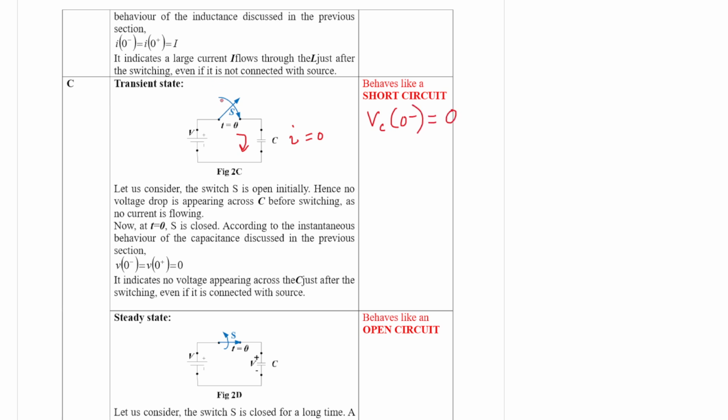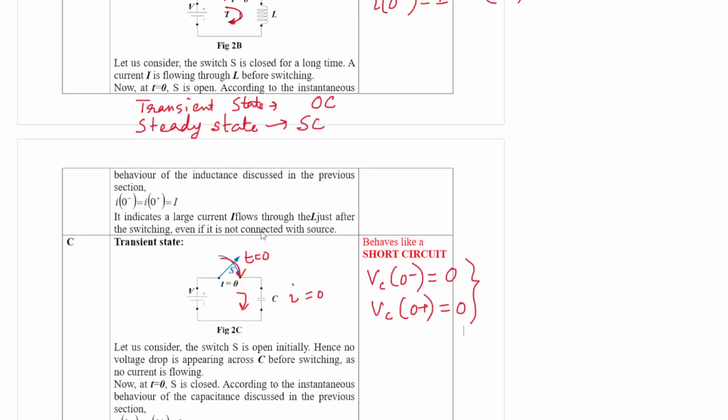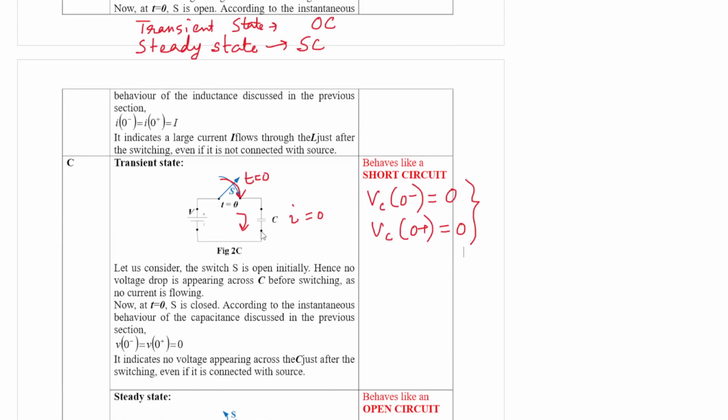Now if we make the switch closed at t equal to 0, from the same logic we can write Vc 0 plus is also equal to 0, because voltage across the capacitor does not change instantaneously. So what does it mean? Zero voltage can only occur in case of a short circuit.